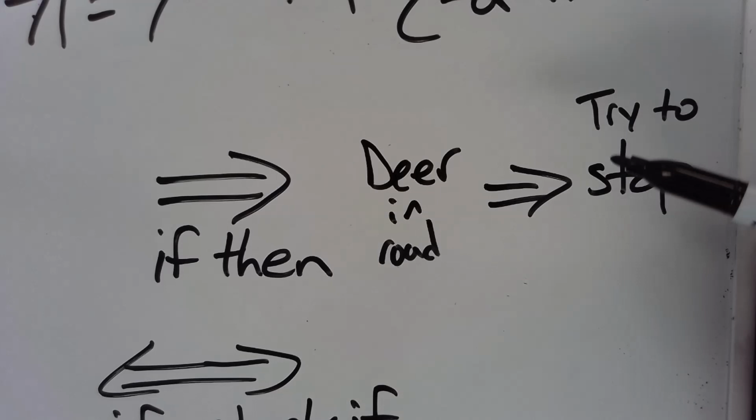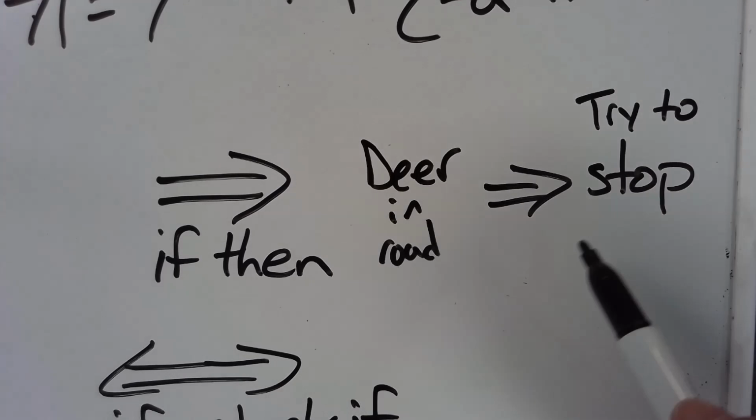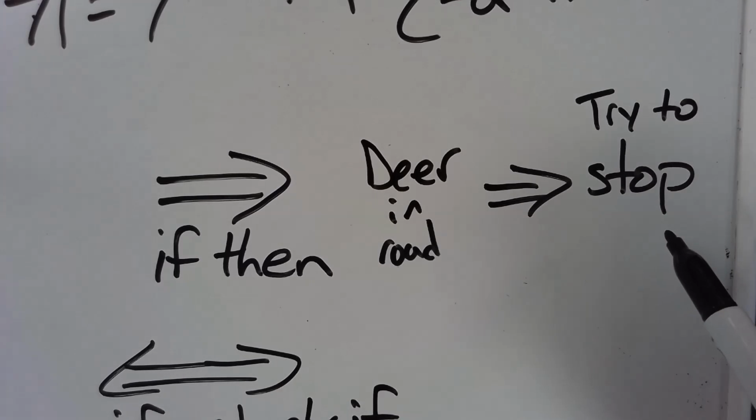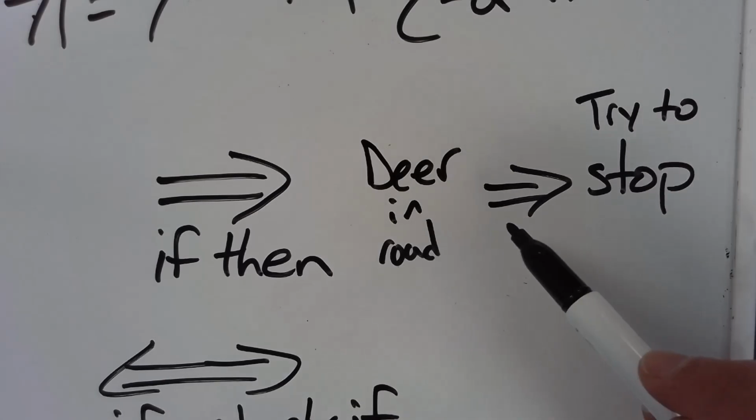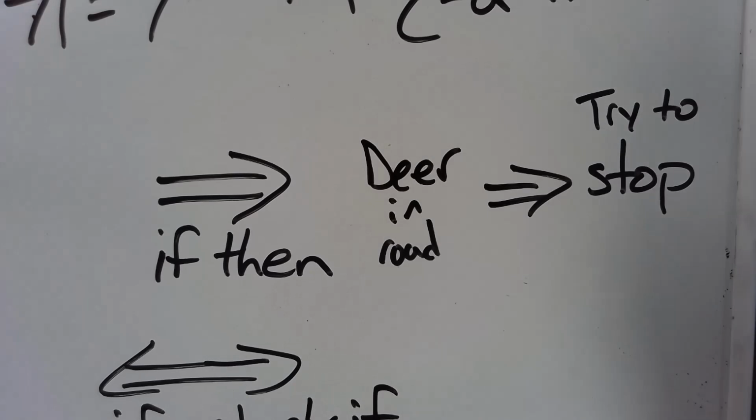Makes sense? Okay, so does it make sense that if you try to stop, there's a deer in the road? Why does that not make sense? Yeah, you might be stopping for other reasons, right? Okay, so that's an if then. So let's do an if and only if.